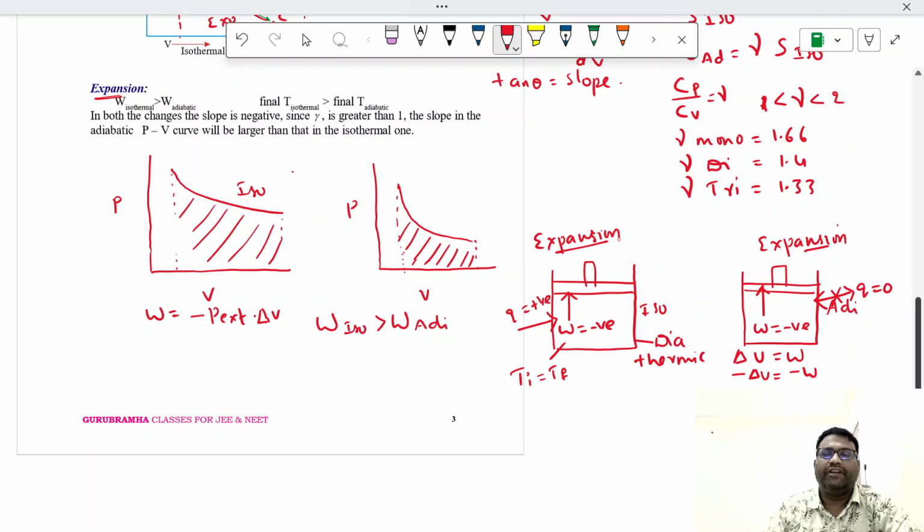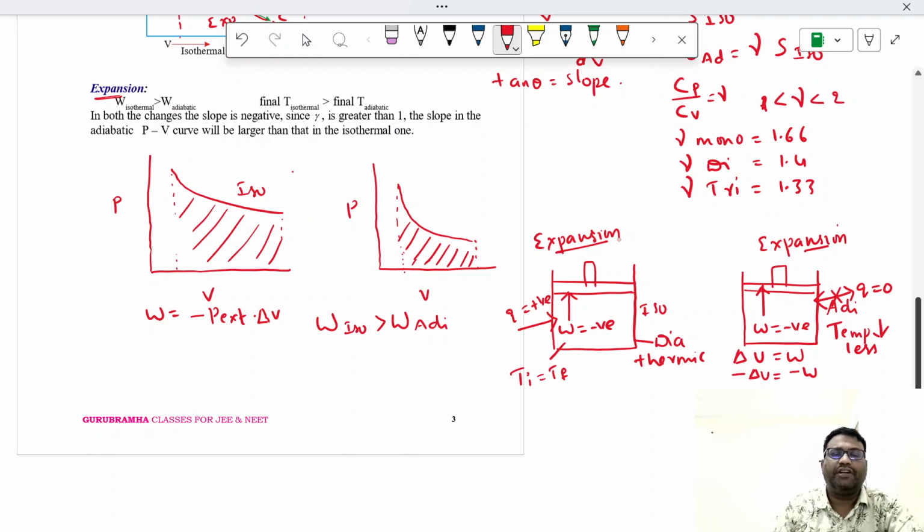When the energy of the gas decreases, automatically the temperature of the gas decreases. So here the final temperature is less. Here, as the boundary is diathermic, when it is doing work, it absorbs heat energy from the surroundings, and by using that heat energy, it is doing work.